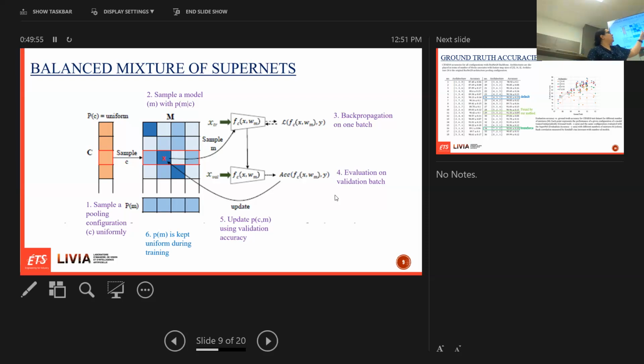We use that to rank the architectures, and we select, for example, the top n, and we just evaluate those top n on our validation set. This seems to be working well. So it means that this weighted average accuracy is a good measure for ranking.